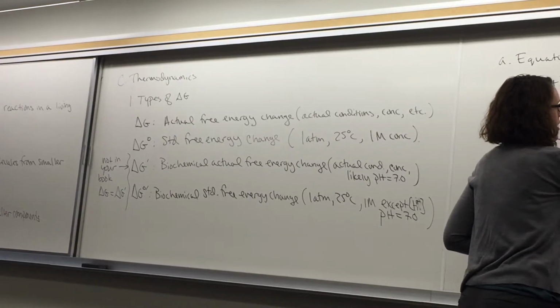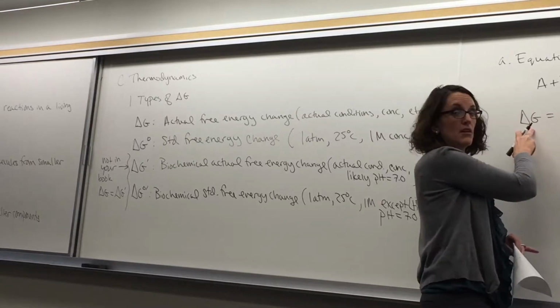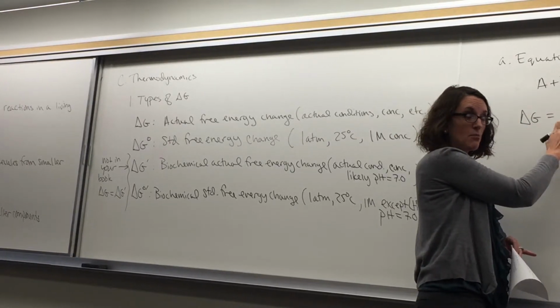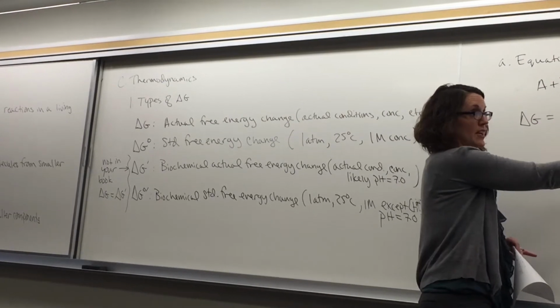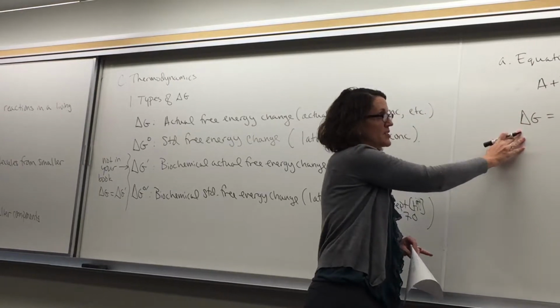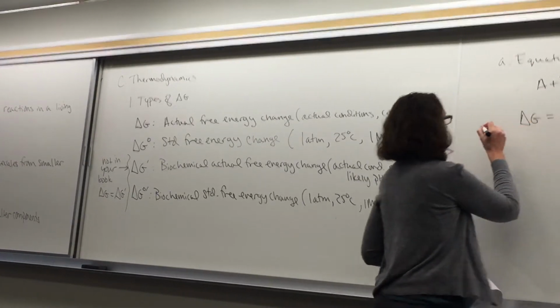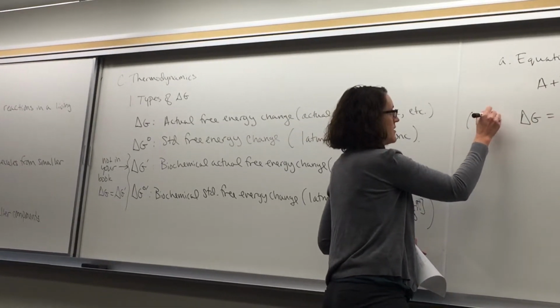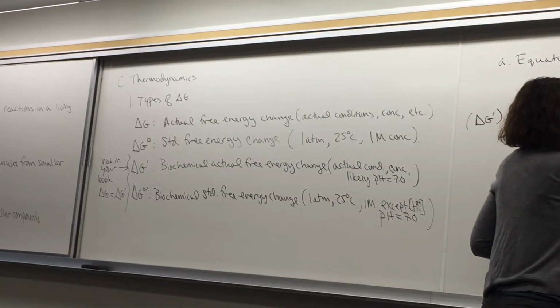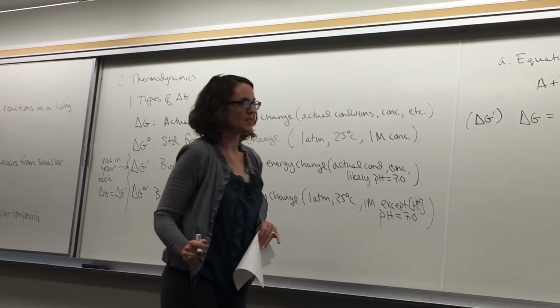So if we need to know what our actual conditions are, we can look up our standard free energy change, our biochemical standard free energy change, plug in our concentrations. If we have a different temperature, we can take that into account, and we can solve for our delta G. And again, this can also be delta G prime. Okay, so just simply using that equation.